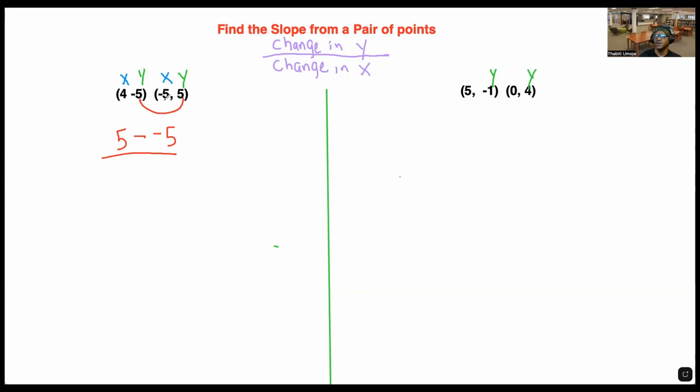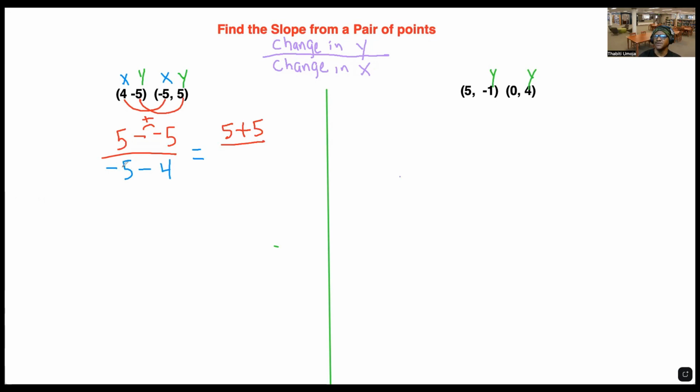I do the same thing with the bottom one here, negative 5, and 4. Okay, so go ahead and do that. That's the x value would be negative 5 minus 4. Okay, and you got to remember your double negatives here. That's going to become a plus. So that's actually 5 plus 5, right?